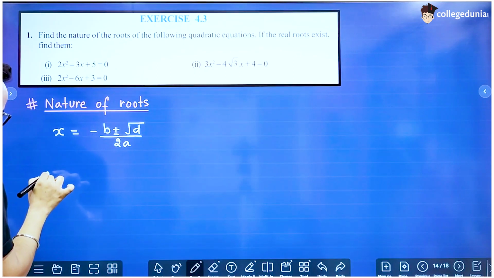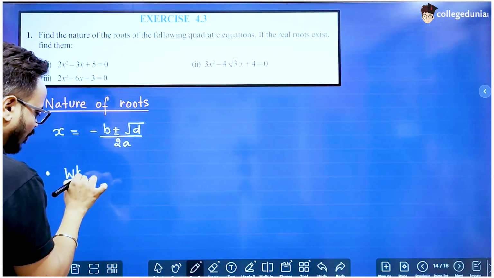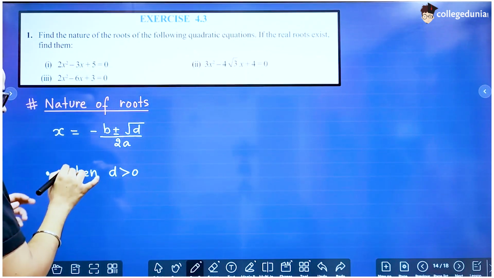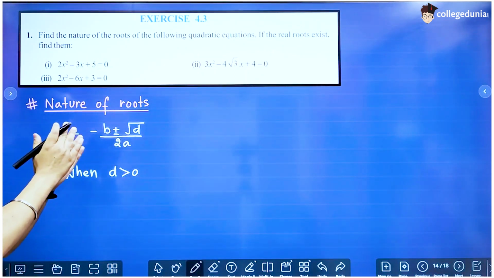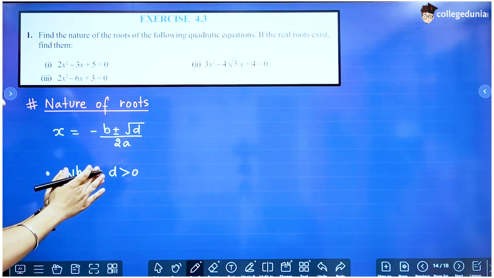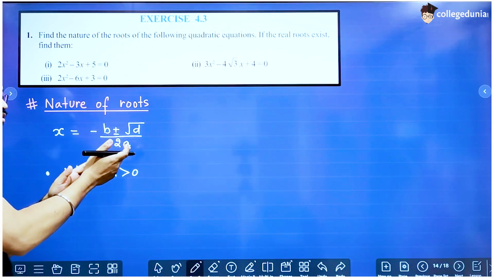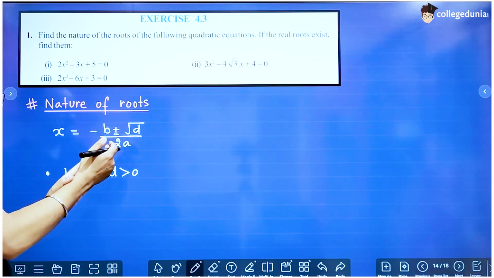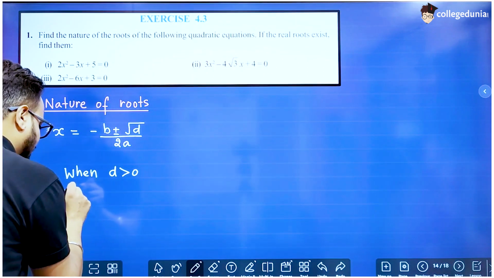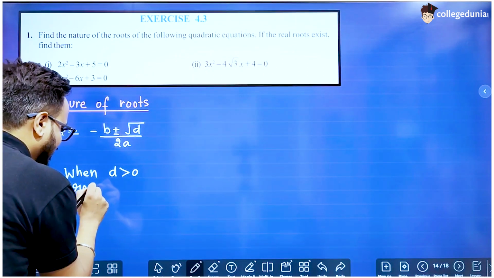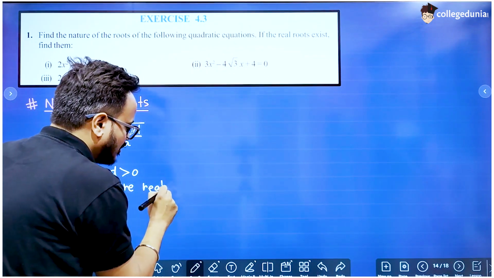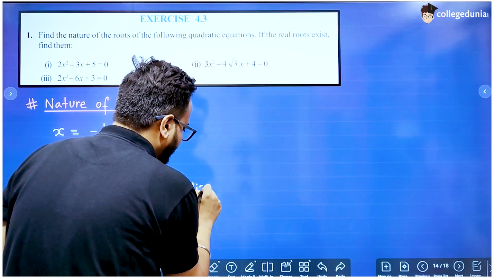The first case arises when D, that is the discriminant, is greater than 0. So if the value of D is more than 0, you can find the root of that value, because positive numbers have square roots, and one root will be minus b plus root D by 2a, and the other one will be minus b minus root D by 2a. Obviously both of the values will be different. So when D is greater than 0, roots are real and distinct.